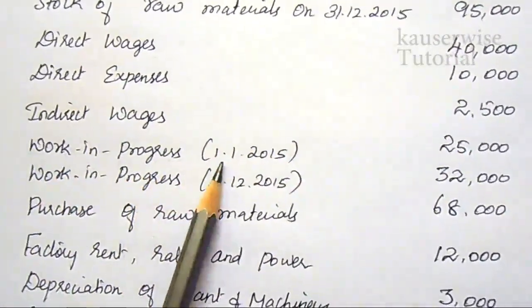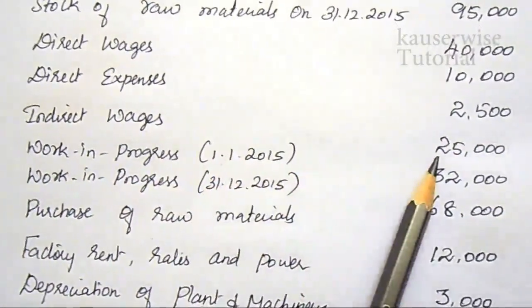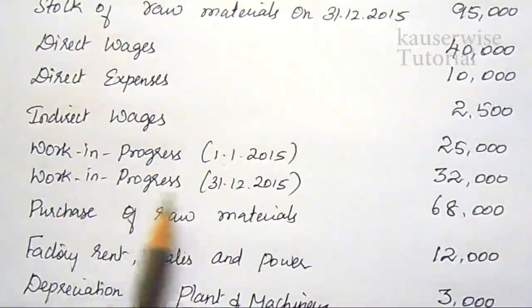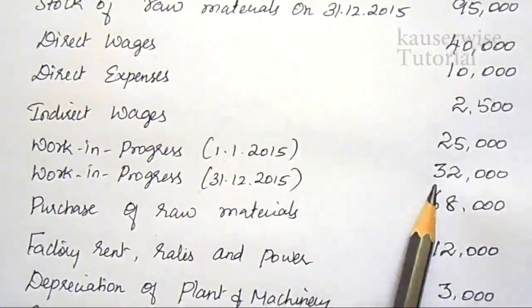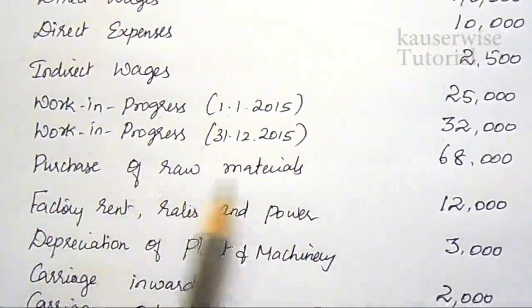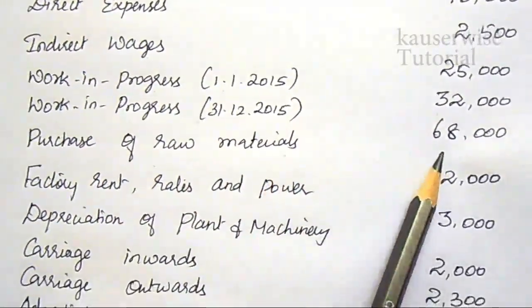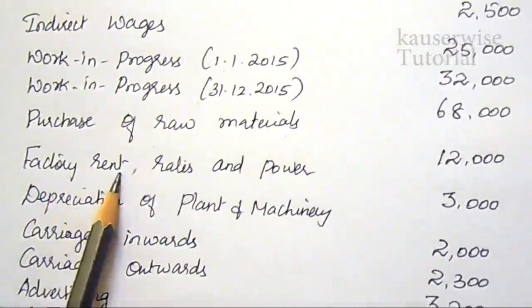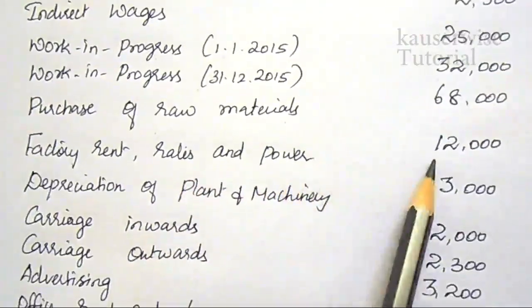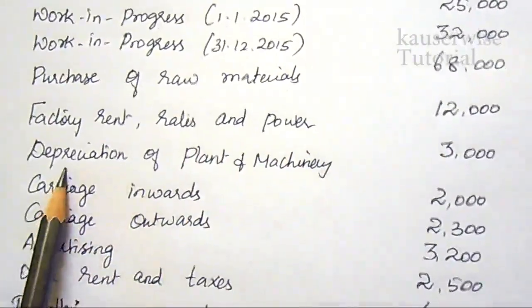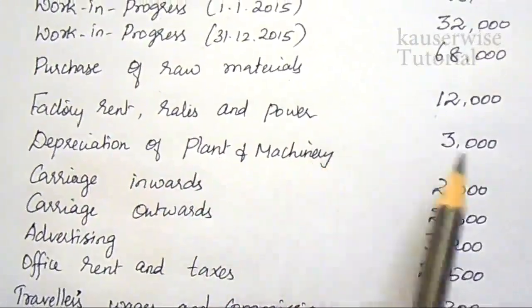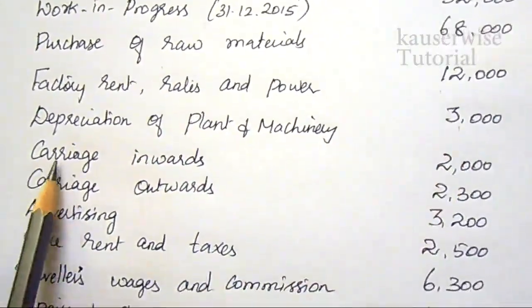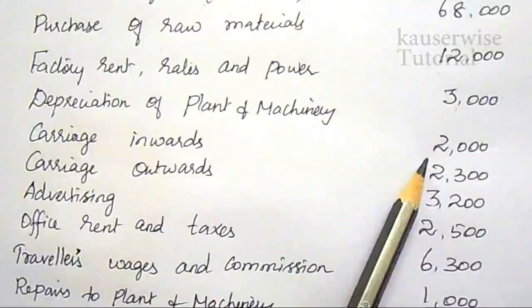Work in progress, that is opening work in progress 25,000 and closing work in progress 32,000. Next one, purchase of raw materials 68,000. Then factory rent, rates and power 12,000. Next one, depreciation of plant and machinery 3,000. Then carriage inwards 2,000.